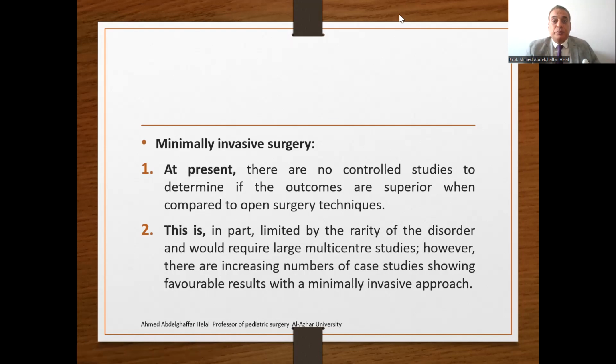So it is very essential. Our subject today is very important: gastrointestinal tract duplication. All pediatric surgeons must be aware of this disorder. It can be diagnosed prenatally or incidentally.